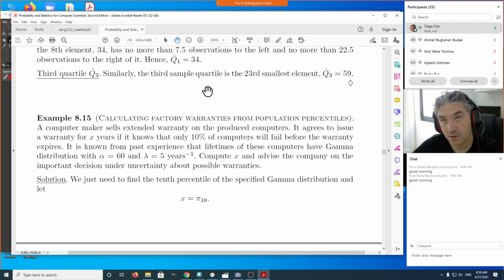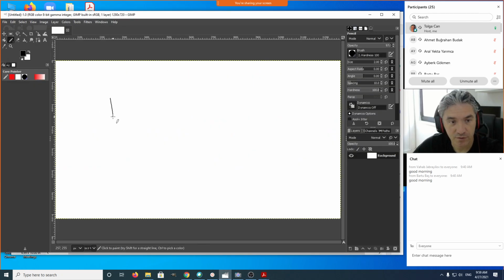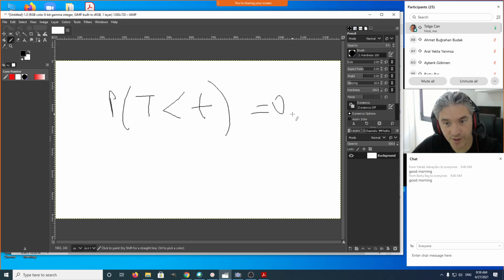What is the probability that, let me write it here, the computer is going to fail. So the probability that T is less than some t is equal to 0.1.